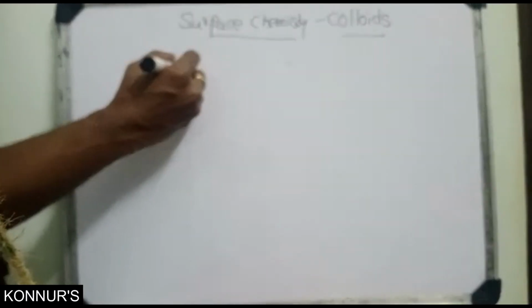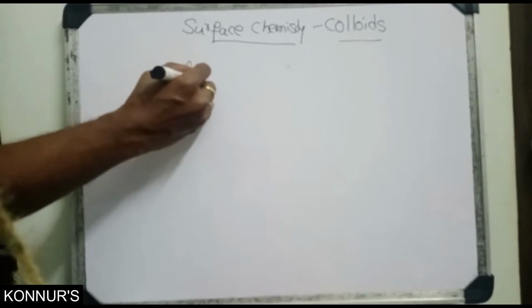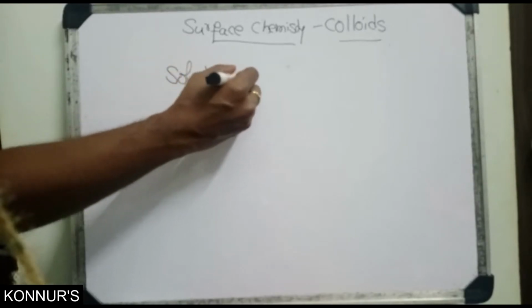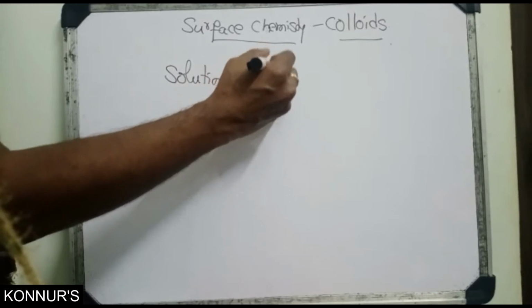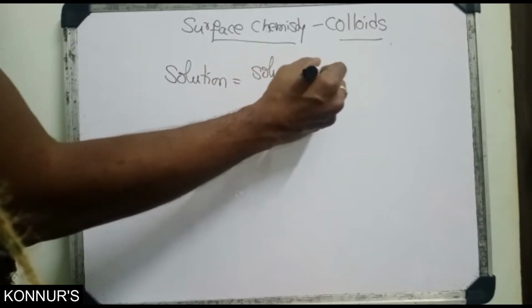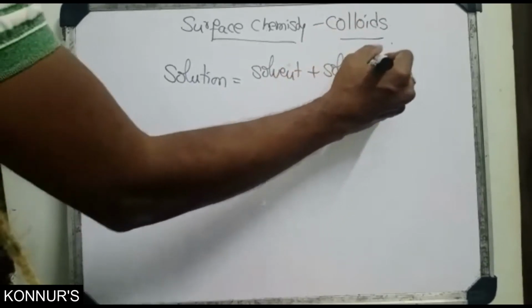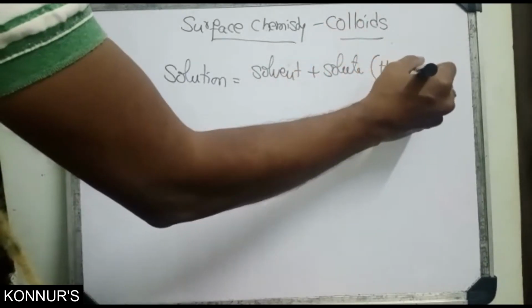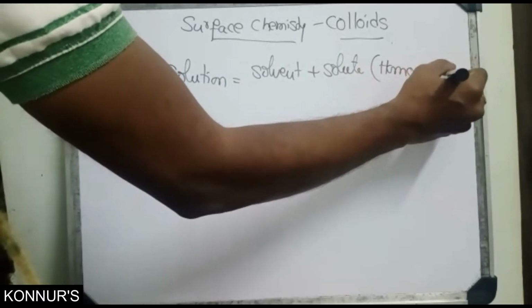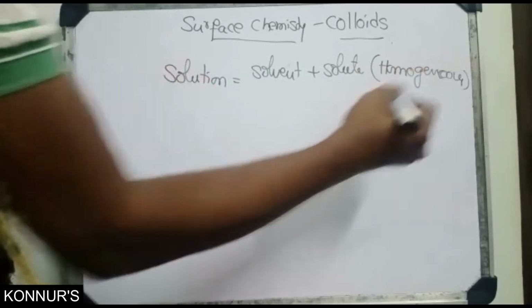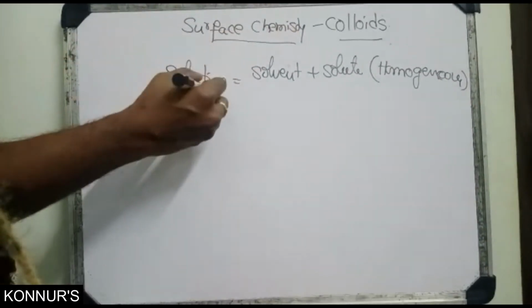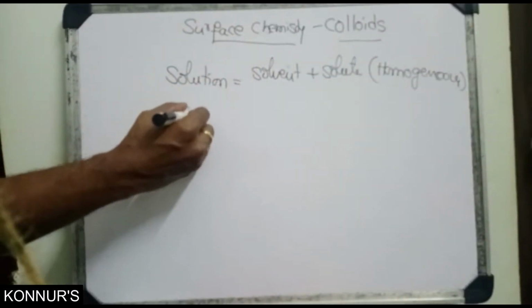A colloid is similar to a solution only. So we already know a solution means what? Solvent plus solute. So it is a homogeneous mixture. Now instead of a solution you take a colloid.